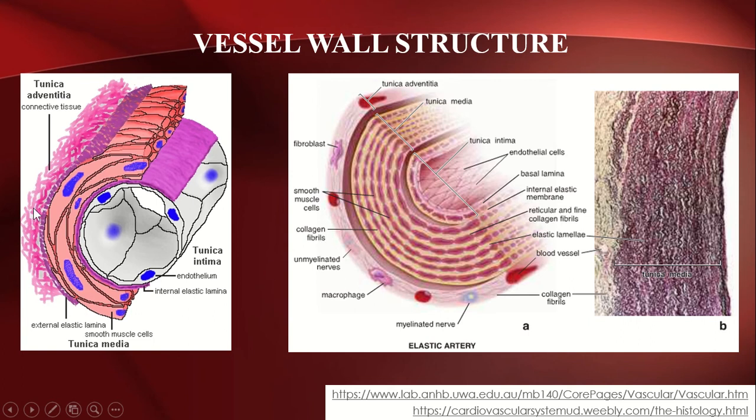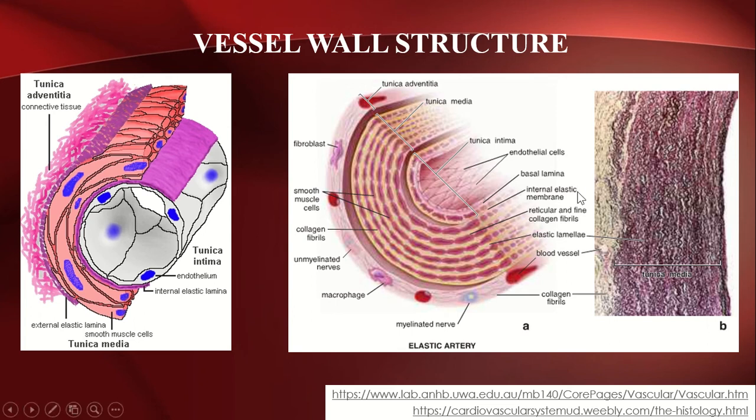Here is the general schematic illustration of the vessel wall, which has three tunics: the tunica intima, the inner layer; the tunica media, which especially includes the elastic fibers and smooth muscles that differ regarding the vessel types; and the tunica adventitia.